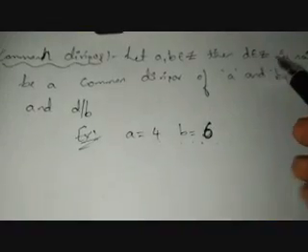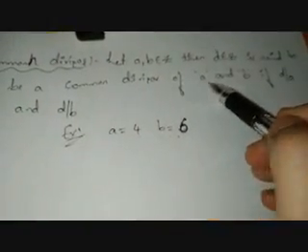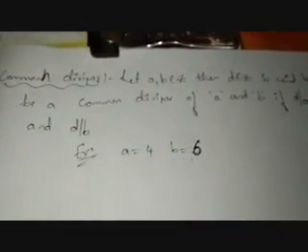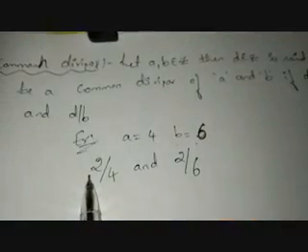Then D is said to be a common divisor of A and B if D divides A and D divides B. 2 divides 4 and 2 divides 6. 2 is a number that divides both 4 and 6 at a time.